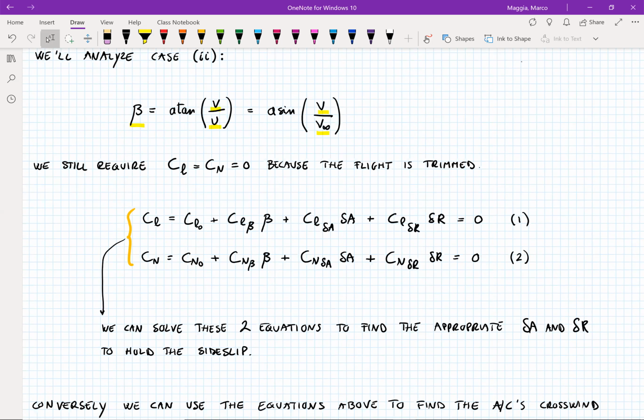As we saw, we still require for trimmed flight both the rolling moment and the yawing moment coefficients to be equal to 0. So pretty much we're solving the same equations that we solved in the previous example.